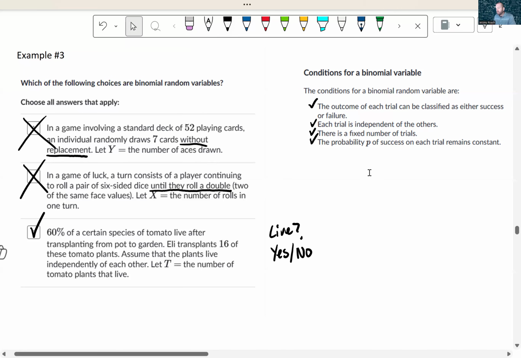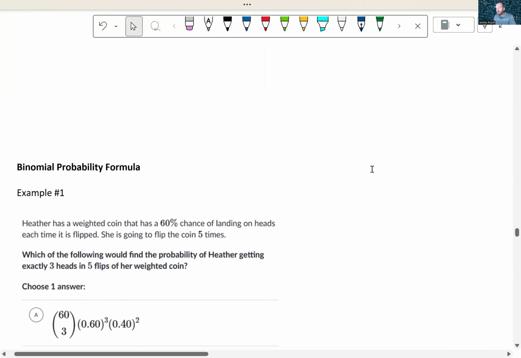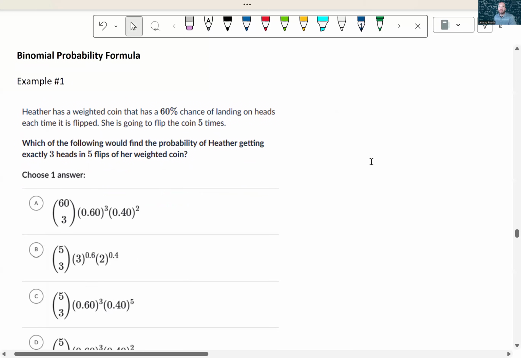All right, so now we know what binomial variables are. We're going to look at the binomial probability formula next. The binomial probability formula lets us find the probability of getting a specific number of successes across repeated yes or no trials.